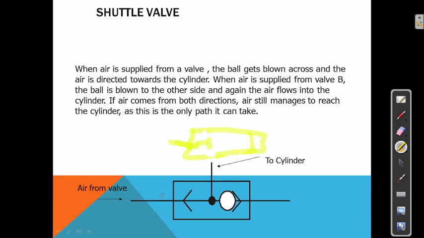But if at the same time air is coming from this side also, more pressure will come, and that time it will manage. That is the thing here. It denotes that if air comes from both directions, the air still manages to reach the cylinder. This is the main concept of the shuttle valve. Thank you.